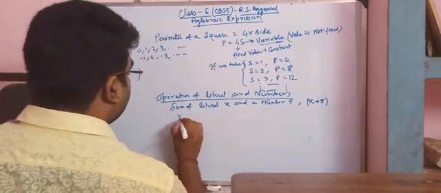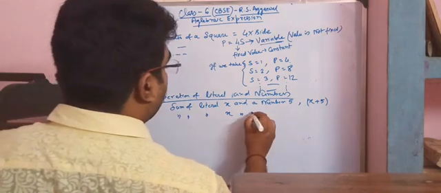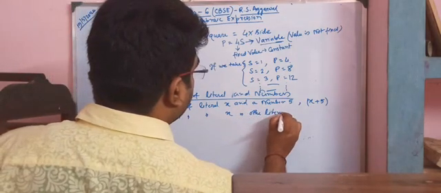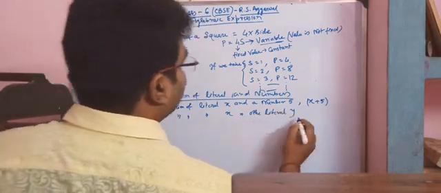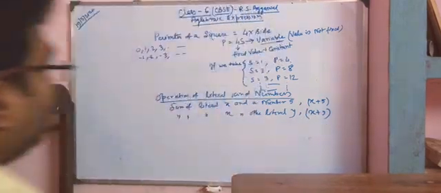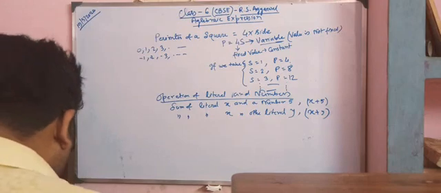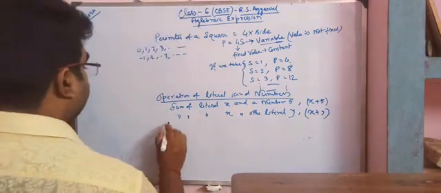Now if we take the sum of a literal x and another literal y, that can be expressed as x plus y. Could you understand? Next come to subtraction.